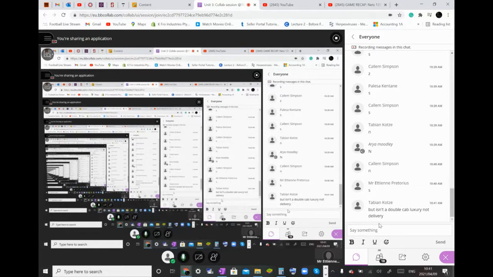But isn't a double cab luxury, not delivery? So what I am saying is that yes, this double cab is seen as a passenger vehicle. It's not seen as something that is for business. Basically, I can be buying a vehicle in the name of the company, but it's really for me and my family.